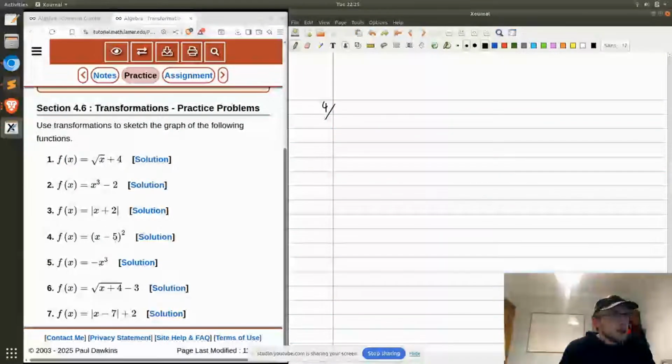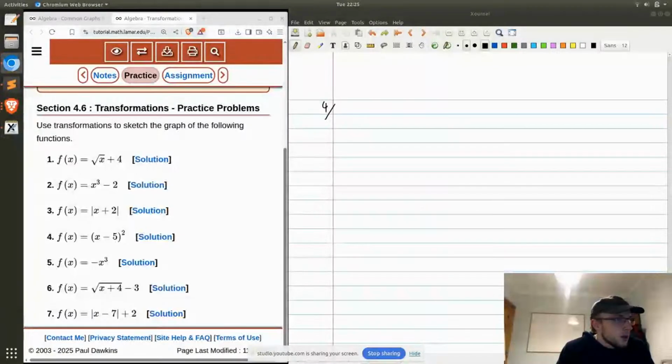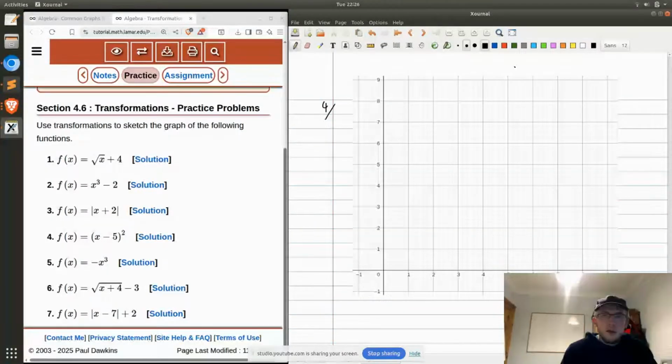So the appropriate thing to do is to draw the xy plane, and here's the base quadratic, passes through 0, 0, 1, 1, 2, 4, and 3, 9. And then it's symmetrical about the y-axis.